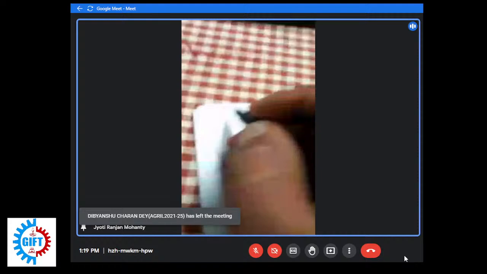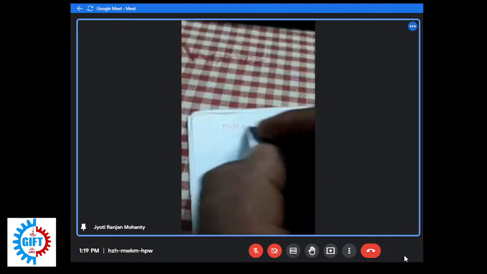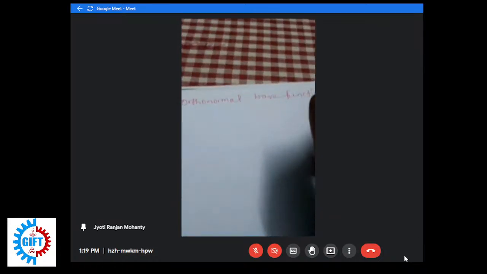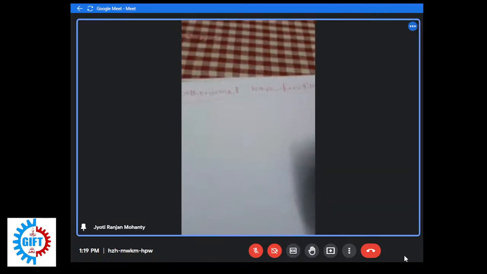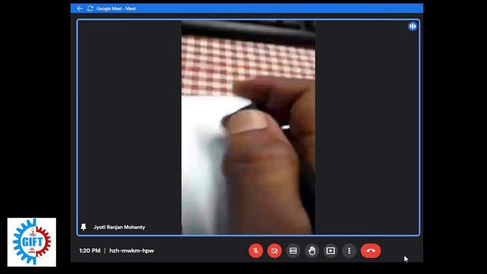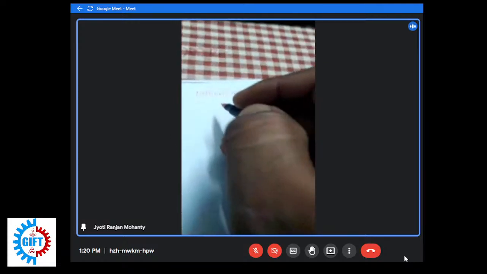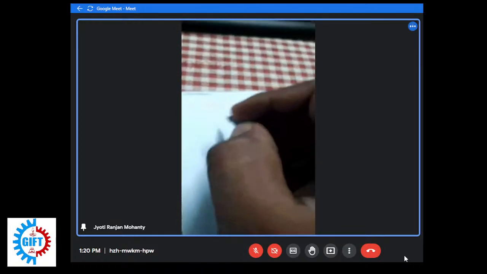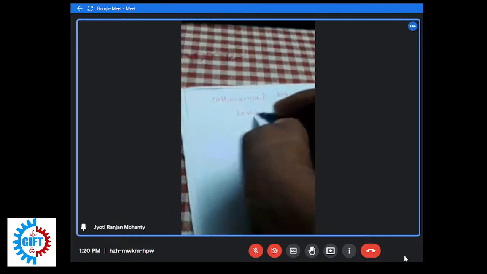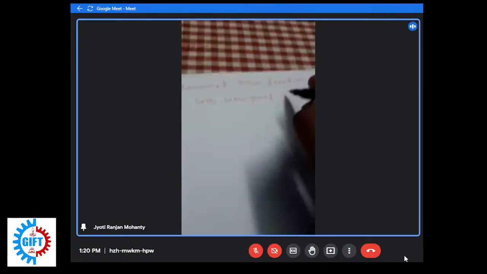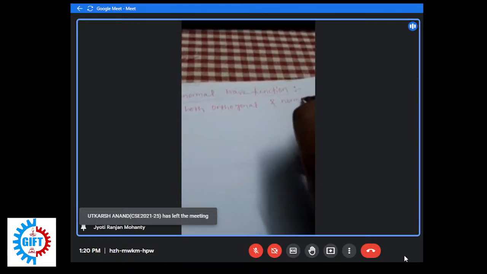Okay. Next write orthonormal wave function. Orthonormal means it is a wave function which is both orthogonal and normalized.